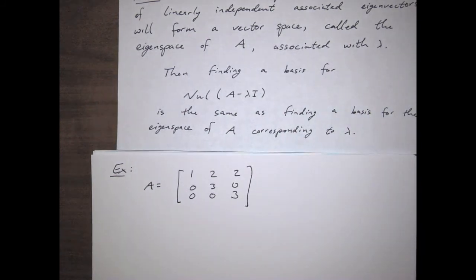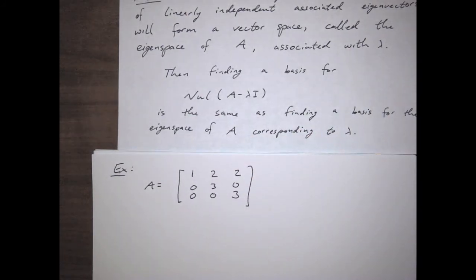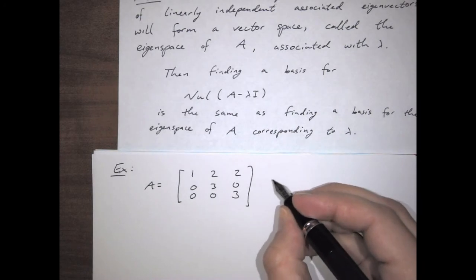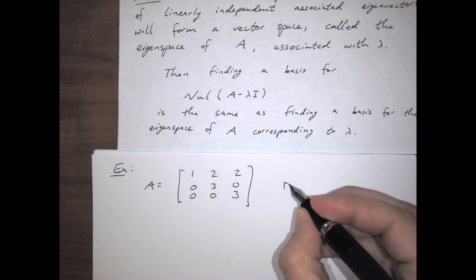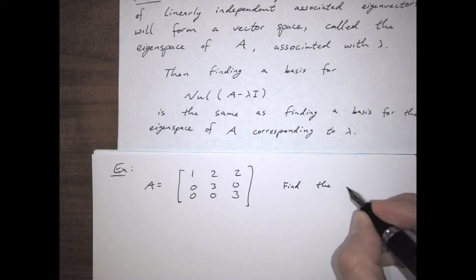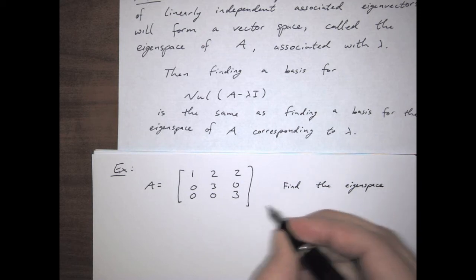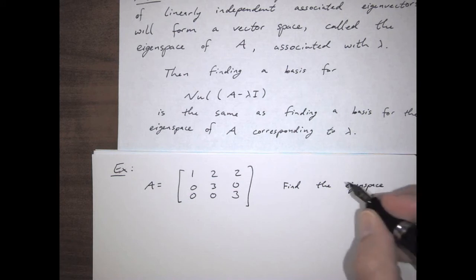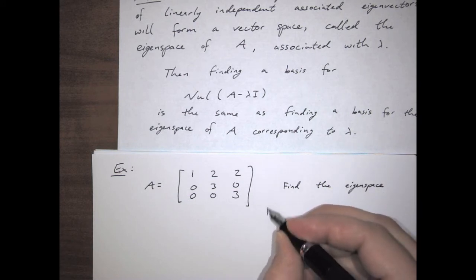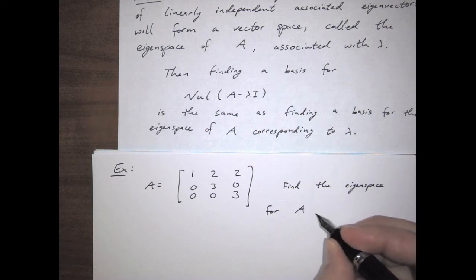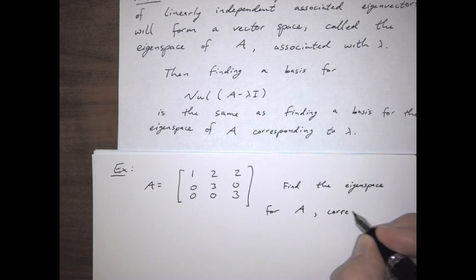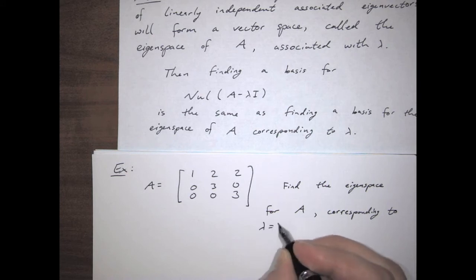So we can see actually the two different eigenvalues of this because this is upper triangular, and so we know that the eigenvalues are 1 and 3, and in particular, let's say that we want to find the eigenspace for A corresponding to lambda equals 3.